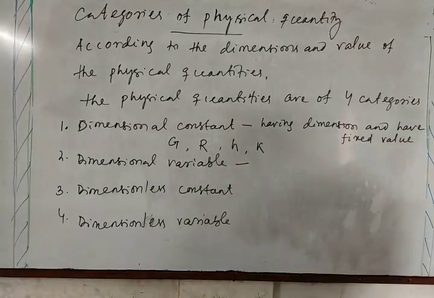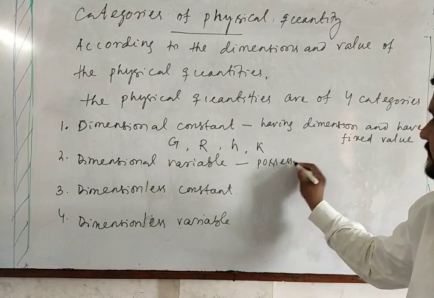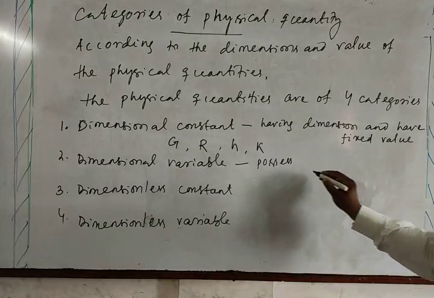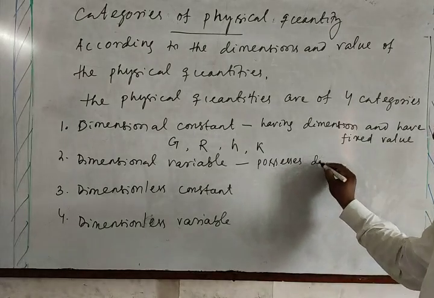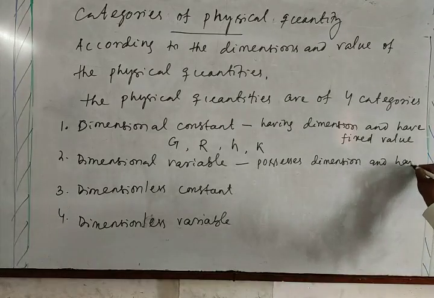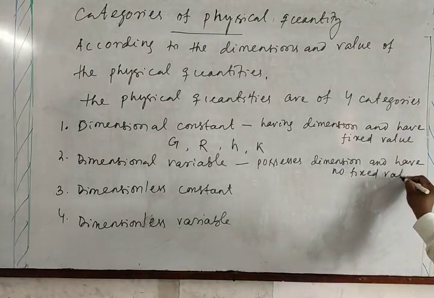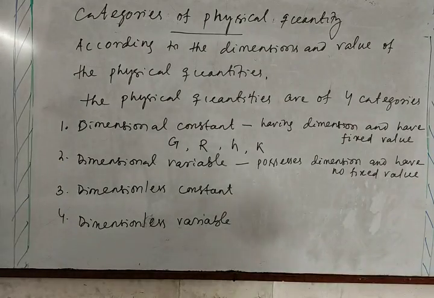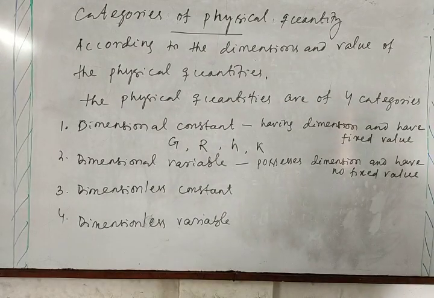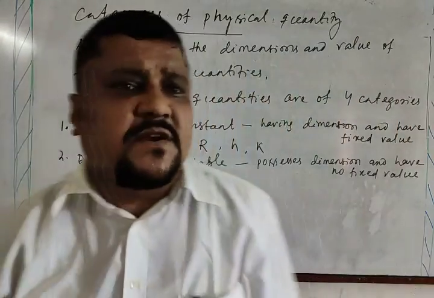Then the dimensional variables are those physical quantities which possess dimension and have no fixed value, because they are variable. Most of the physical quantities come under that.